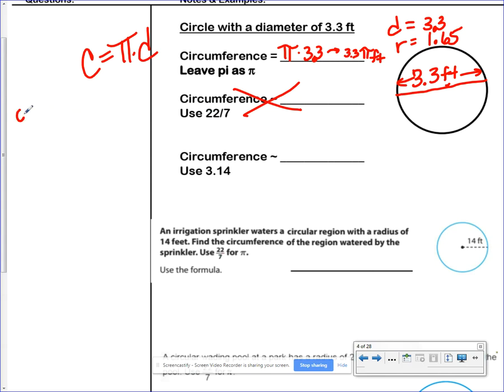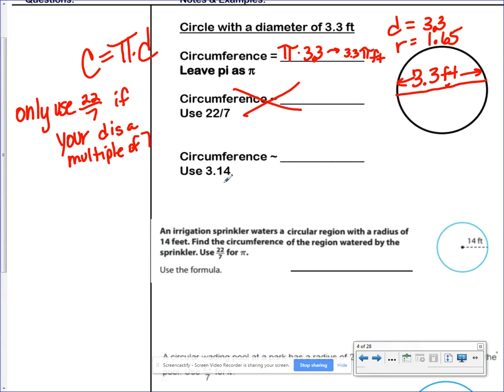Really, let's put a note over here on the side. Only use 22/7 if your diameter is a, and I notice I just said D, if your D is a multiple of 7, perhaps. That's typically when you're going to see it get used, all right?